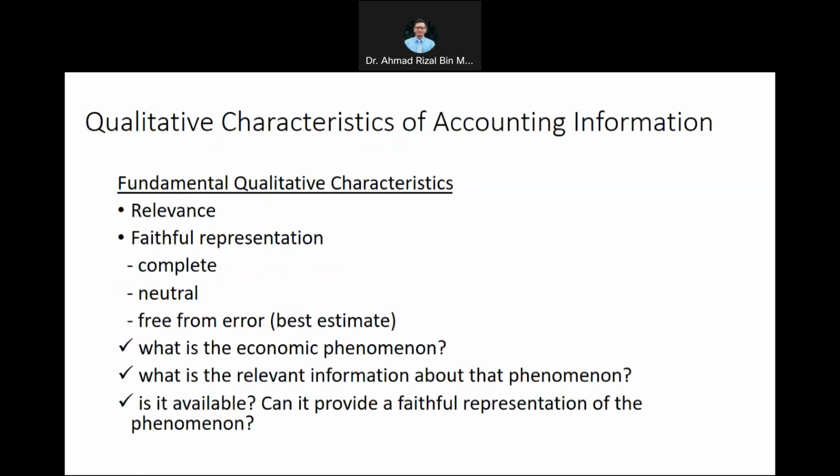So the two main fundamental qualitative characteristics are firstly relevance, and secondly faithful representation.